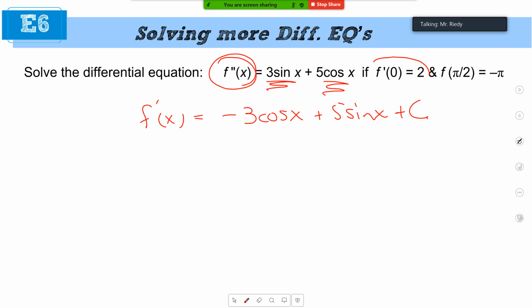Now I use this piece of information. When x equals 0, f prime of x equals 2. So this becomes 2 equals negative 3 times the cosine of 0 plus 5 times the sine of 0 plus c.